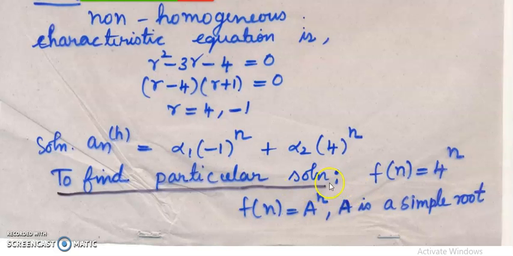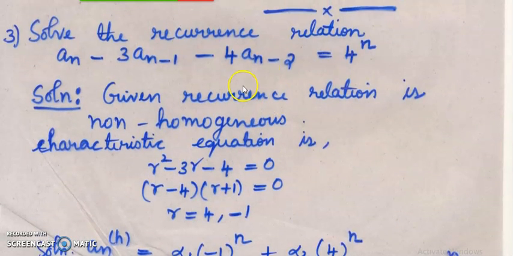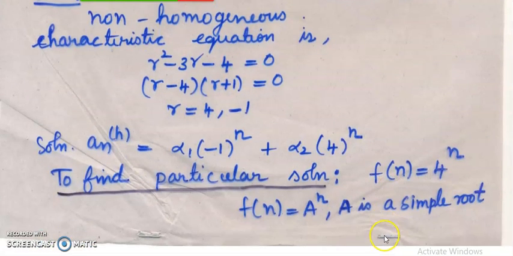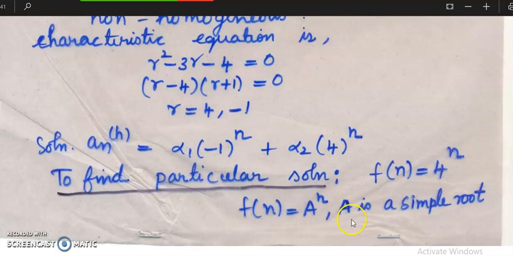Now to find the particular solution, f of n from the question is 4 power n, which is of the form a raised to n, and we check whether a is a simple root.